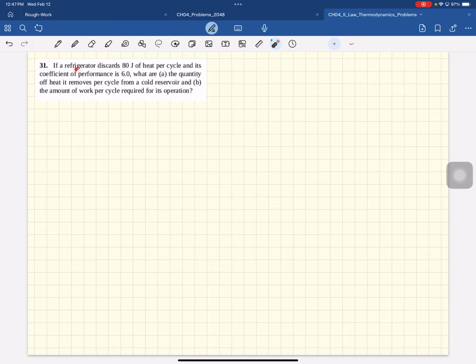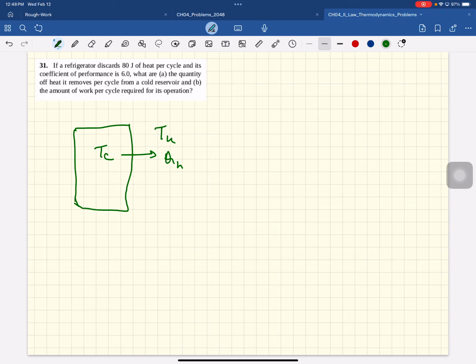Okay, this problem says a refrigerator discards 80 joules of heat per cycle. What does a refrigerator do? It takes heat from a colder temperature and dumps it there. And how does it do that? It has to do work.